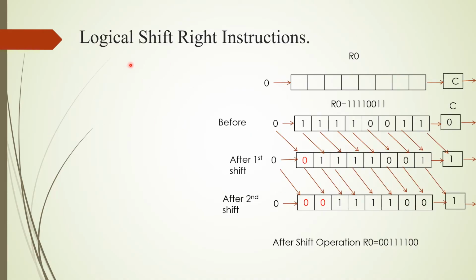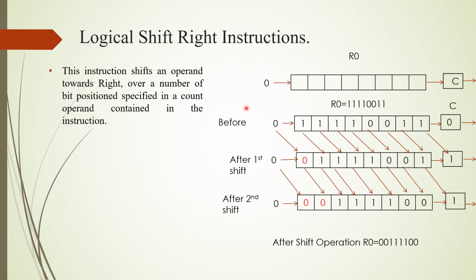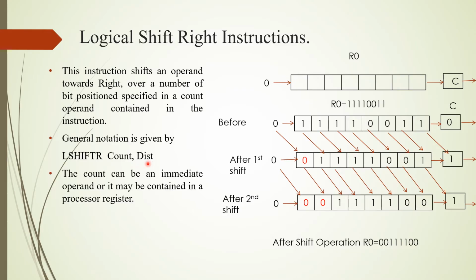Now we'll analyze logical shift right instructions. This instruction shifts an operand's content towards right over a number of bit positions specified in a count operand contained in the instruction. The general notation is LShiftR, logical shift right, count value, destination operand.